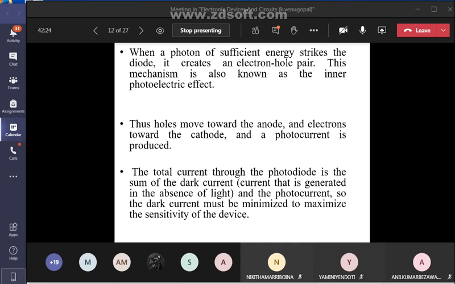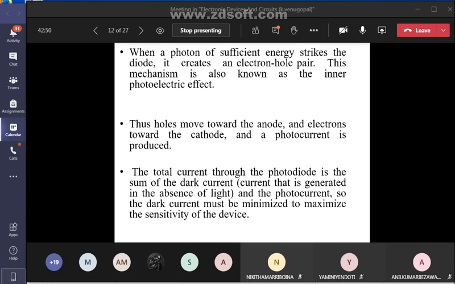When a photon of sufficient energy strikes the diode, it creates an electron hole pair. This mechanism is also known as the inner photoelectric effect. Holes move toward the anode and electrons toward the cathode, and due to the movement of these carriers, the photocurrent is produced.